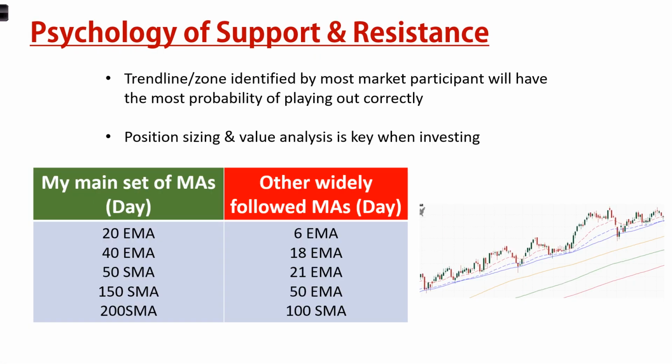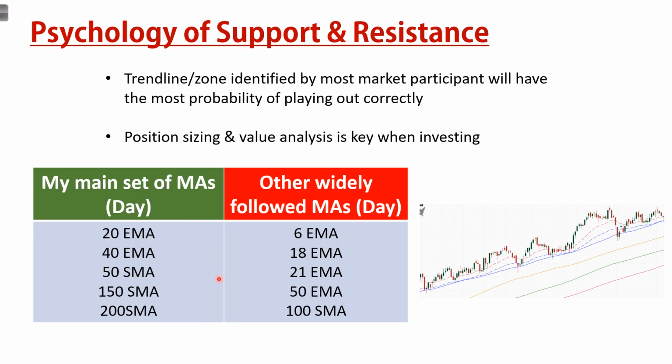Lastly, I would like to say that the same apply for moving averages as well. The reason why they work is because the time period of the MA are widely followed by investors and traders as well. I choose to use this set of moving averages, the 20 EMA, 40 EMA, 50 SMA, 100 SMA, and 200 SMA. But that does not mean that you have to do so.